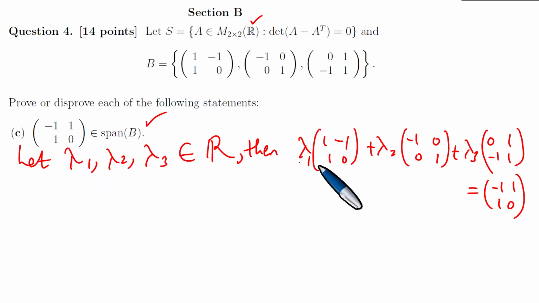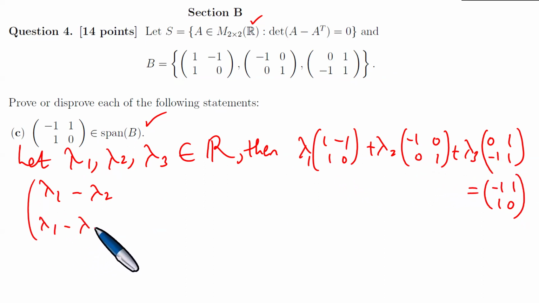First things first, let us perform some multiplication together. We're going to multiply lambda 1 minus lambda 2, 0 equals minus 1. For the top entries, you can write lambda 1 minus lambda 2, 0. And then the next one is lambda 1, 0 minus lambda 3, so lambda 1 minus lambda 3.